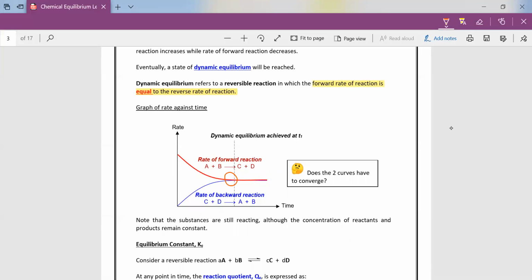Dynamic equilibrium means that the reaction is ongoing, but the forward and the backward rate, the speed at which the reaction proceeds, have become the same. So the reaction is producing as many products as it is reactants. It's important for us to know this particular concept.